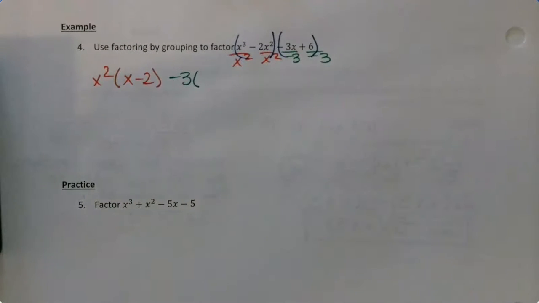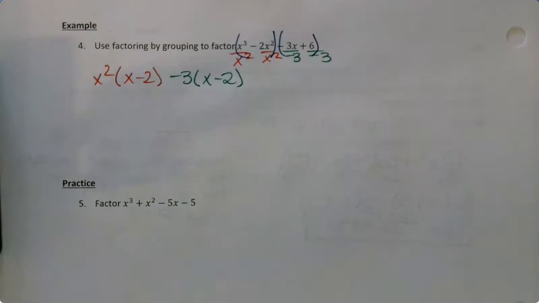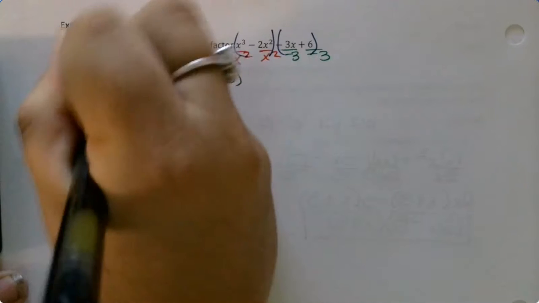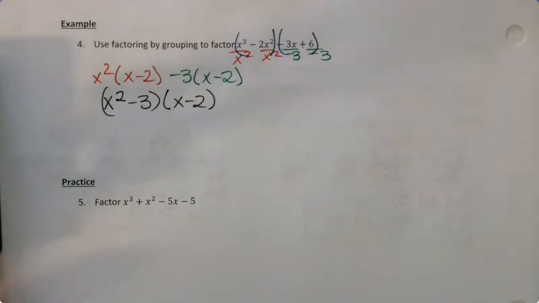So I write the negative 3 out front. And then what am I left with there? X minus 2. So they're the same. The outside pieces get combined together, so x squared minus 3. And then the repeated part gets written once, x minus 2.